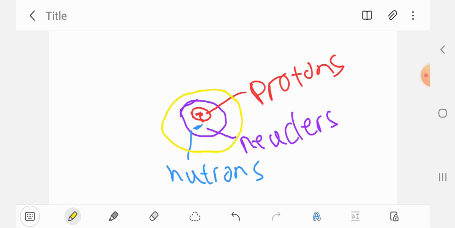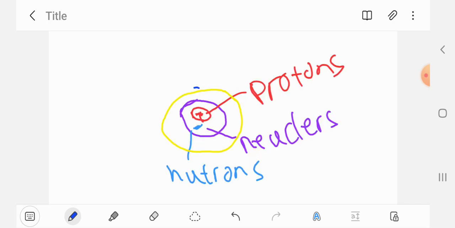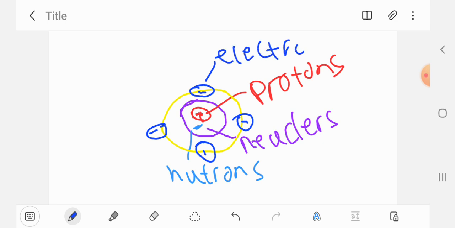In this first layer we will have things like this. We'll have something like that, and those are electrons. So they are negatively charged, negative, negative. So they are electrons.